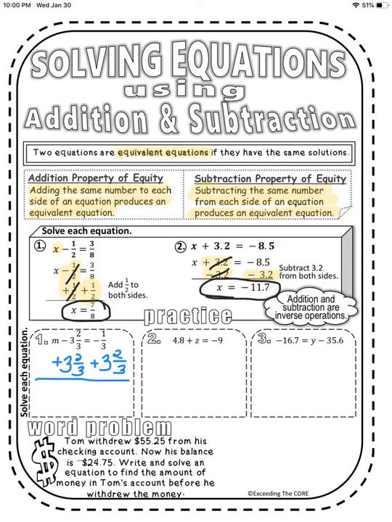And then, of course, you have to add 3 2/3 to the right side of the equation. Now, on the left side of the equation, you have a negative 3 2/3 and a positive 3 2/3. They cancel each other out. And m is now by itself, where we need it, equals.